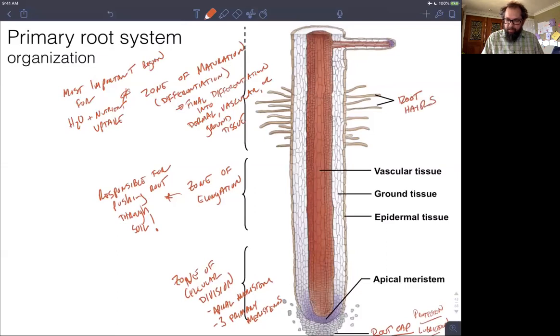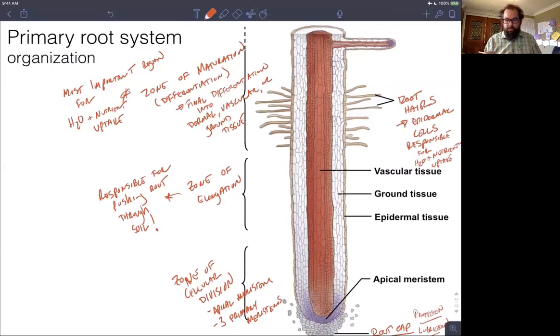And so what root hairs are, these are epidermal cells that are actually the point of uptake of all those water and nutrients. For H2O and nutrient uptake. So all of the water and nutrients that enter a root actually enter through the root hairs.